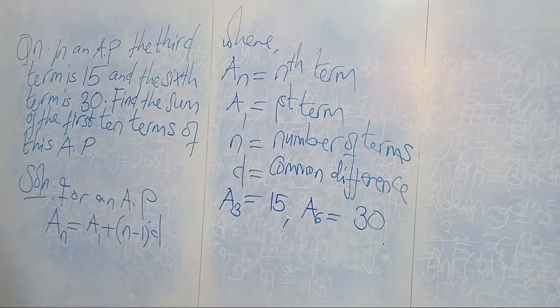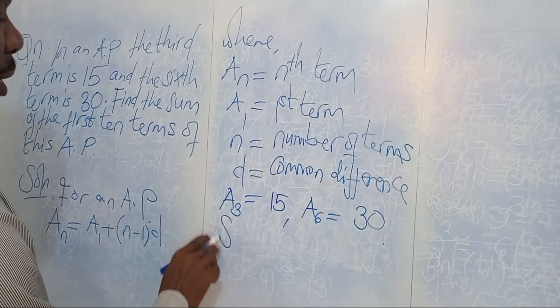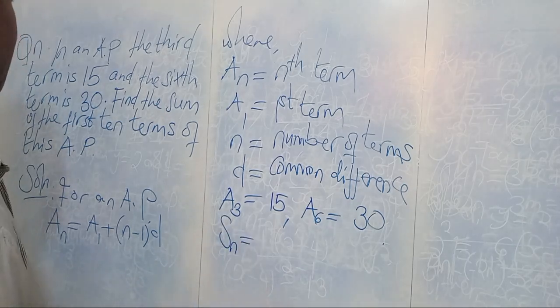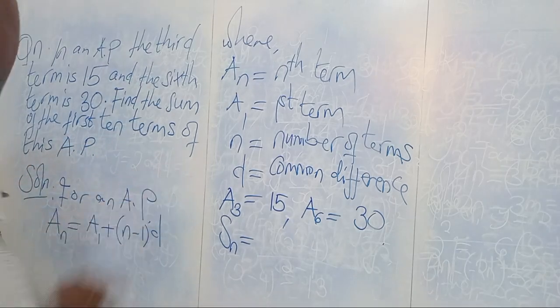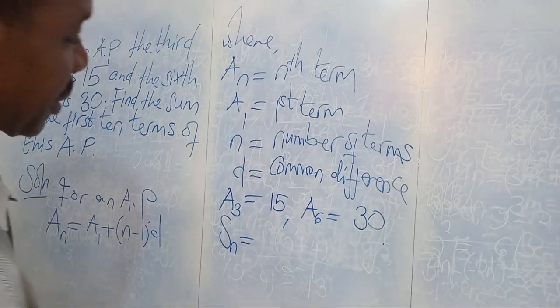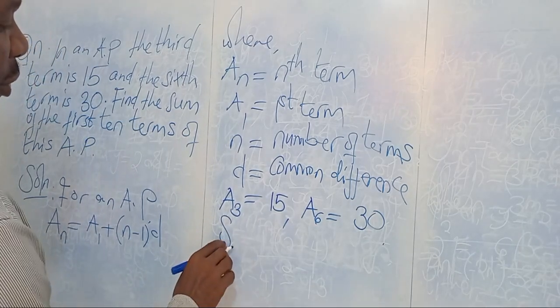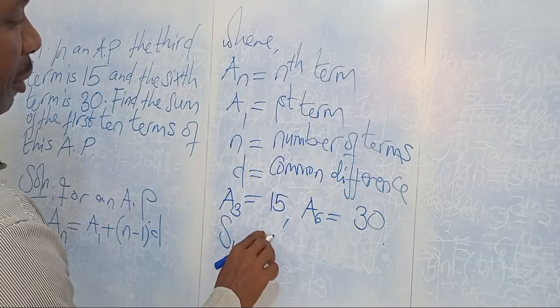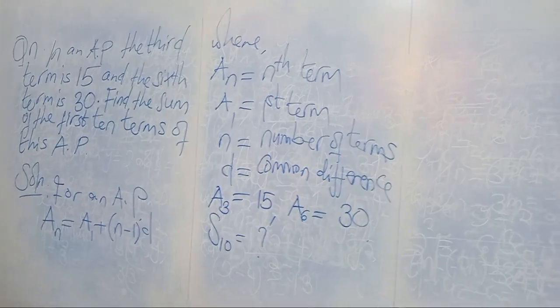The question wants us to find the sum. The sum is signified as Sn. The sum of the first 10 terms, so I'm replacing my n with 10 because this is what we're supposed to find. How do we go about it?